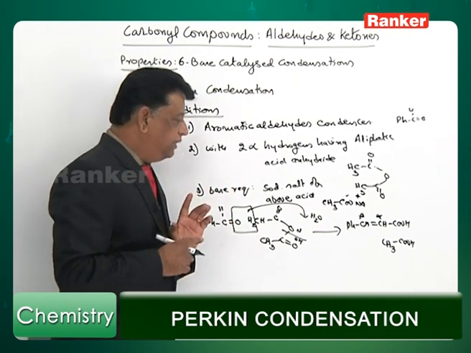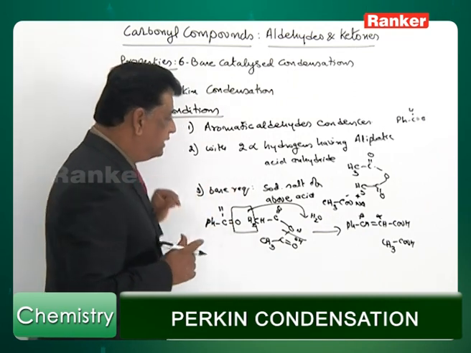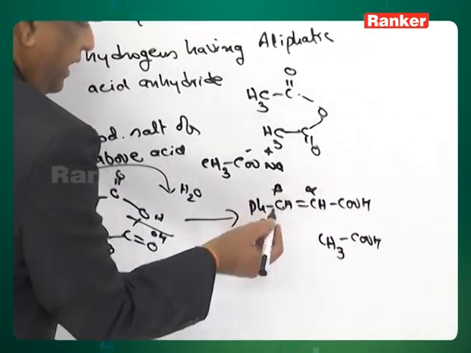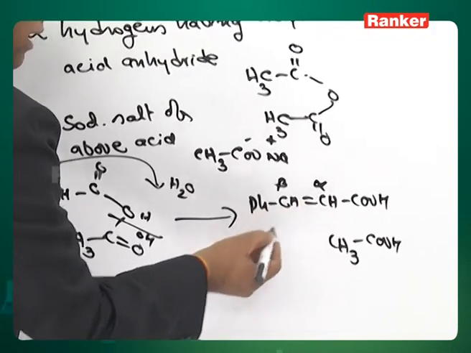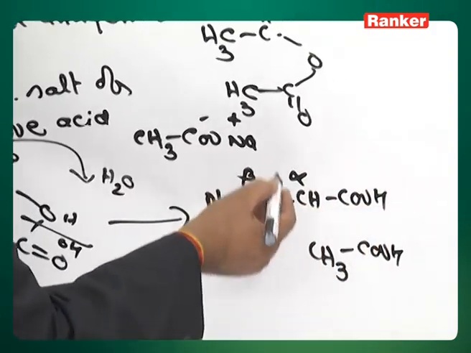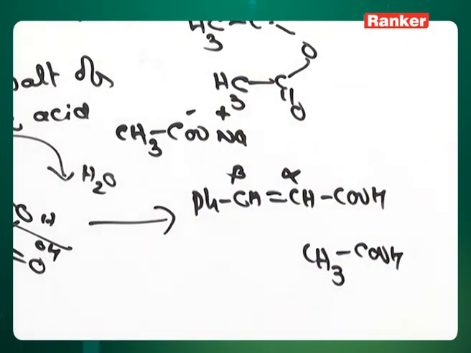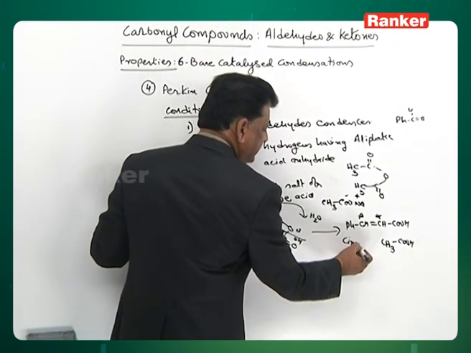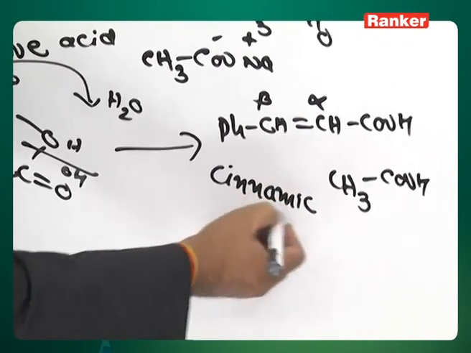Whenever you see an alpha beta unsaturated acid, you can see that this acid part is from the anhydride, and this is the original carbonyl compound that was added to this anhydride. Half of the acid is there. This has a common name, cinnamic acid.